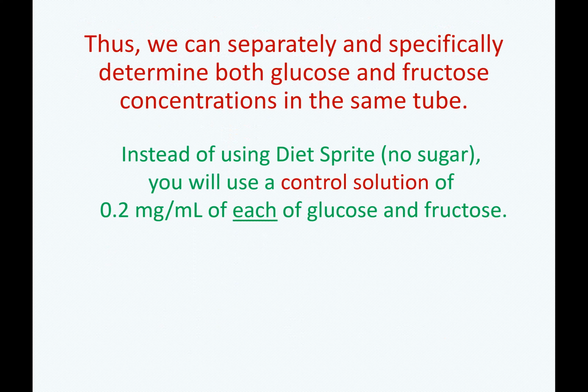Today, instead of using Diet Sprite like you used last week, you'll use a control solution of 0.2 milligrams per ml of each of glucose and fructose. There's no point in using enzymes on something that has no sugar.